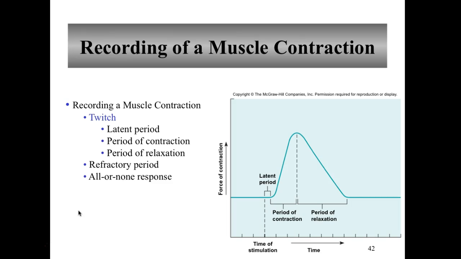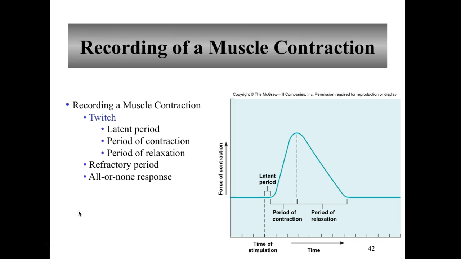What you see is the delay between the stimulus itself and the contraction that is going to occur, which is the latent period. And then the force the muscle fiber can generate will depend on the length to which it is stretched when stimulated.